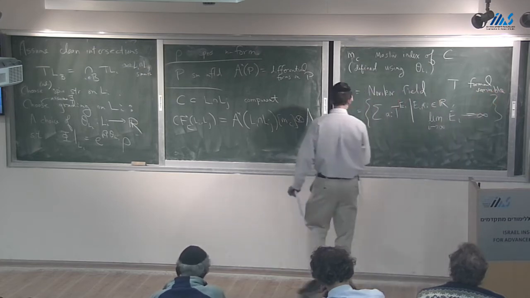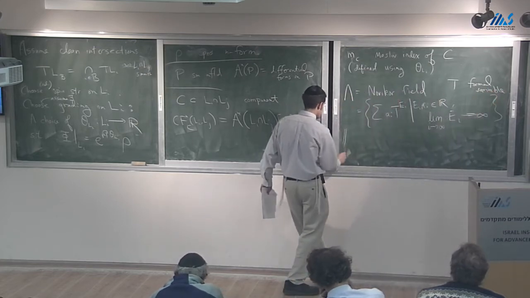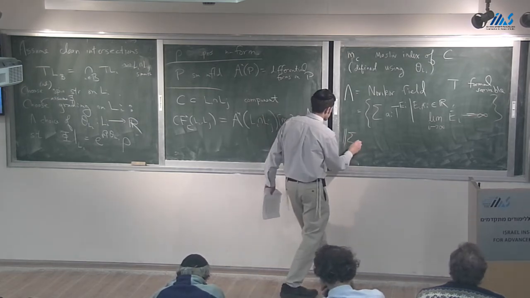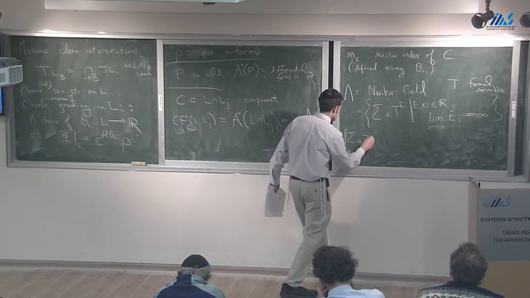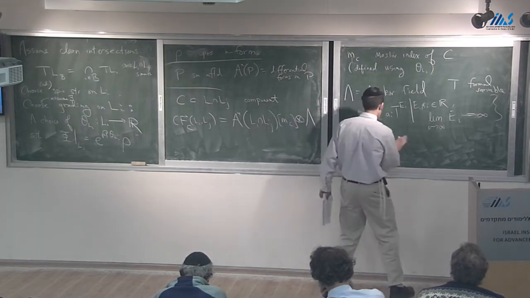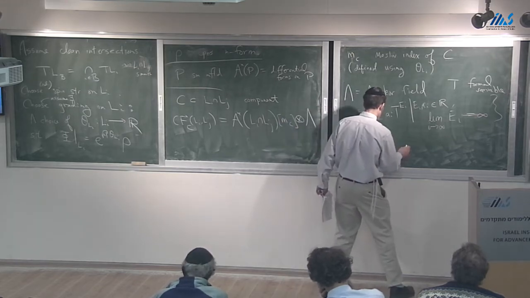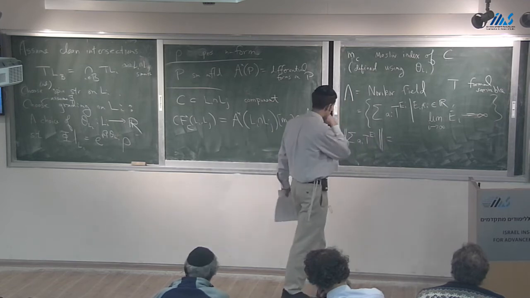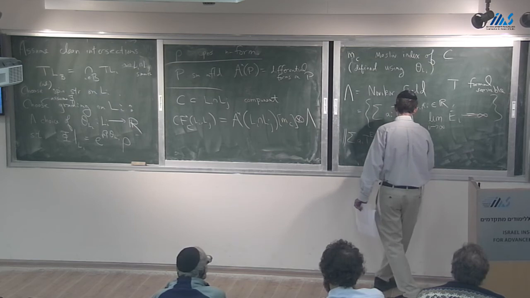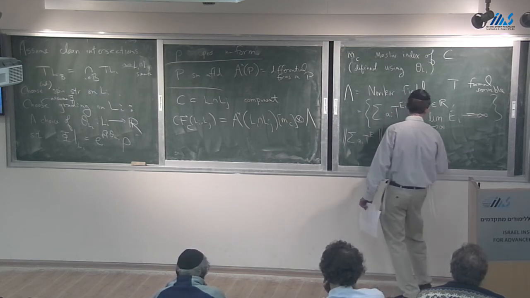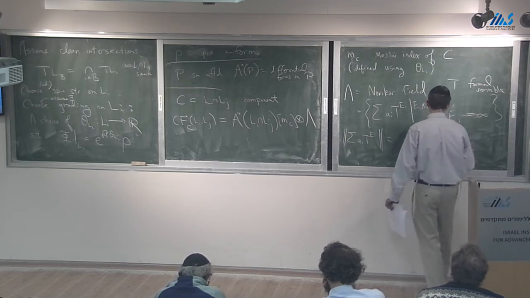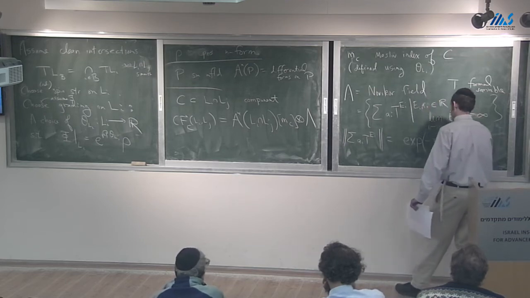And this thing comes with a valuation, I should say a norm. I decided to use a norm. So the non-Archimedean norm is equal to the exponent of minus the minimum over i of ei.